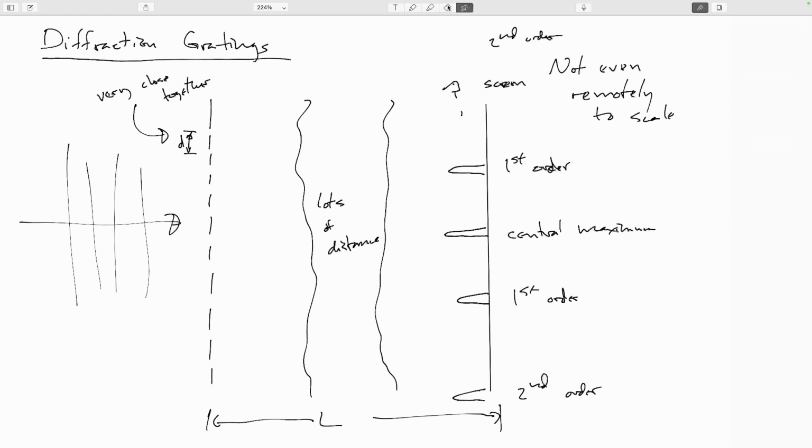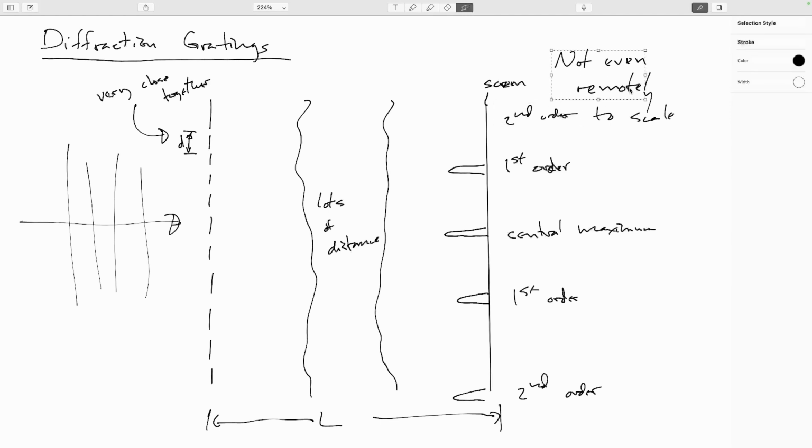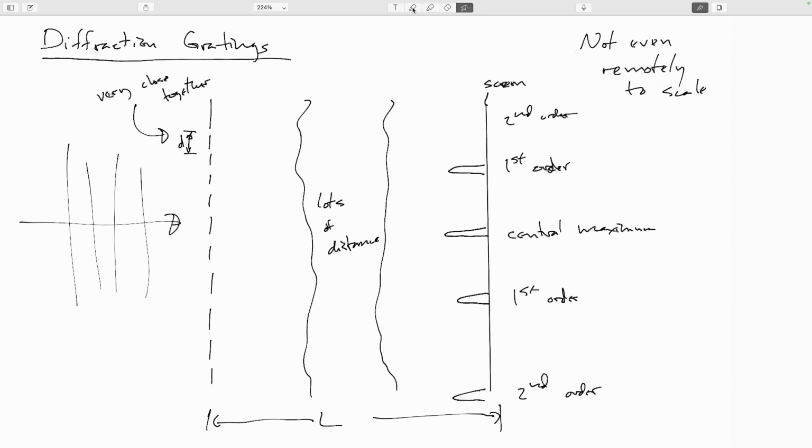Okay, up over here somewhere would be our second order maximum and so forth. And I want this distance to be bigger than that, so let's move it up just a little bit more. Yeah, something like that. All right, great.